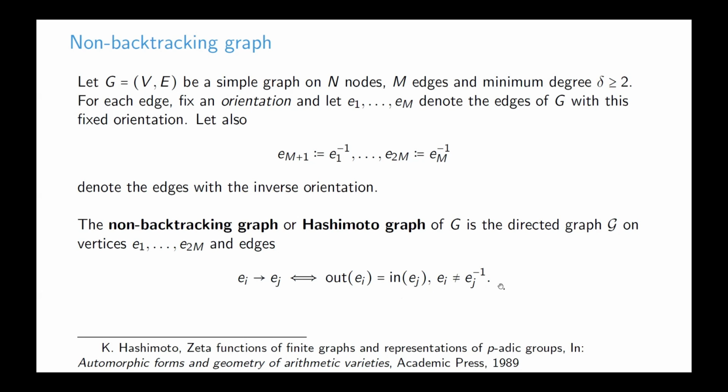So in other words, if a random walker can go from Ei to Ej following the orientation of these oriented edges without going back to where she was just before. So that's the idea, and that's why it's called non-backtracking.